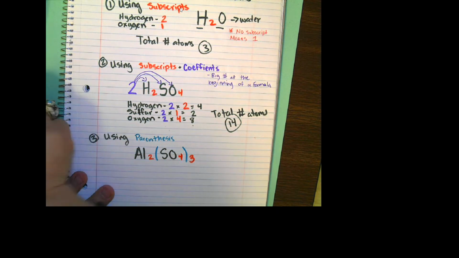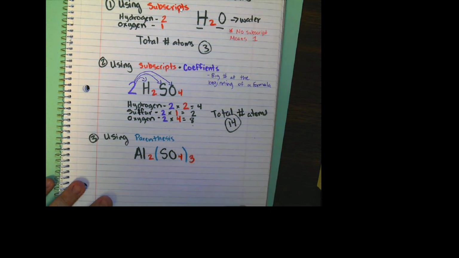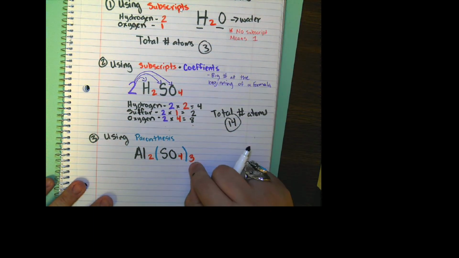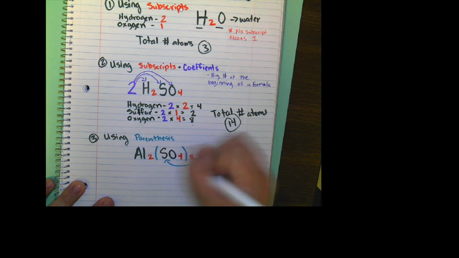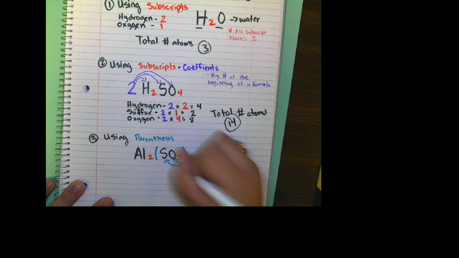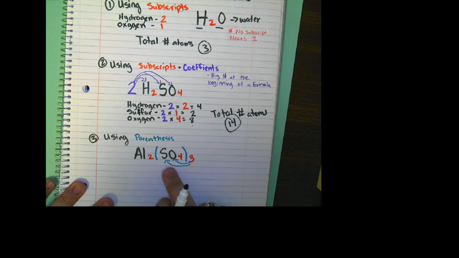As I said earlier, the subscript only affects what is inside the parentheses. So this 3 is behind the parentheses, which means it affects the S and the O. Since the Al, or aluminum, is not inside the parentheses, it does not affect the Al.